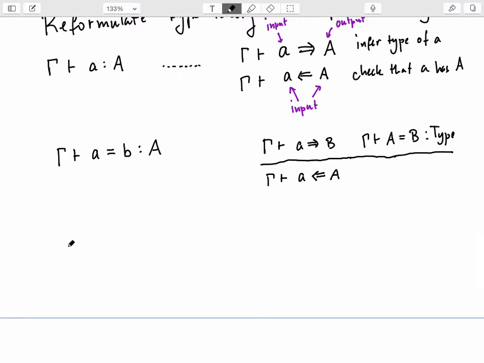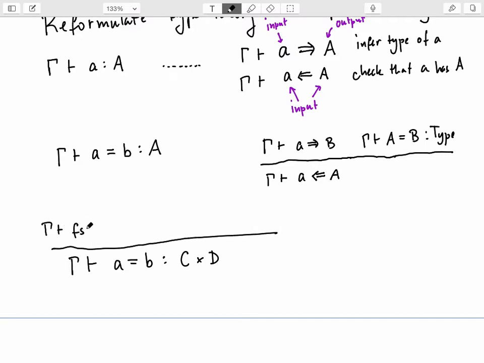So a typical example would be, suppose I am comparing A equals B and my type is of the form C cross D. Well, how could I do this? I could do this by comparing the first component of A to the first component of B at type C, and then I compare the second component of A to the second component of B at type D.